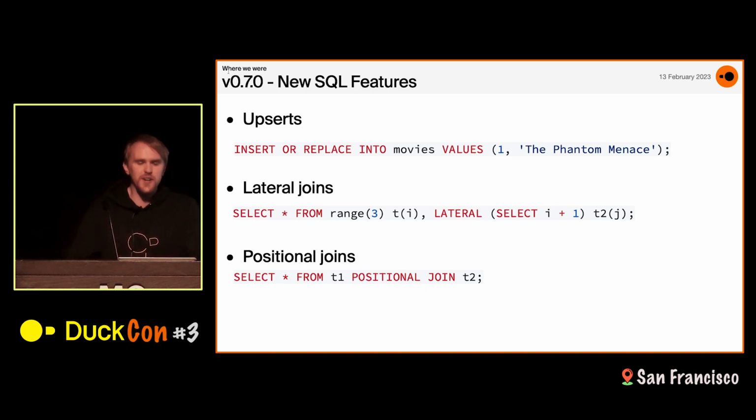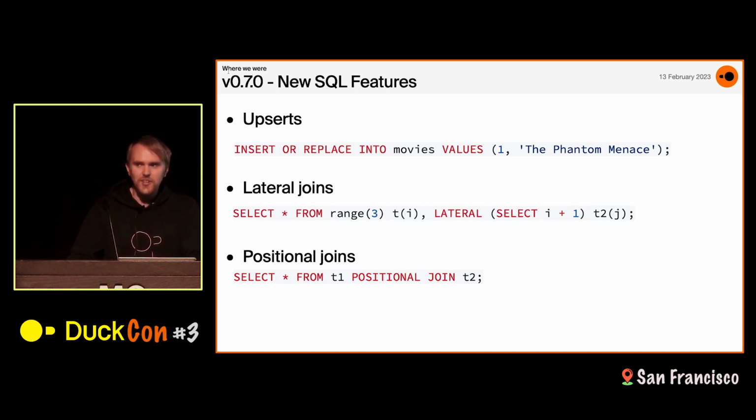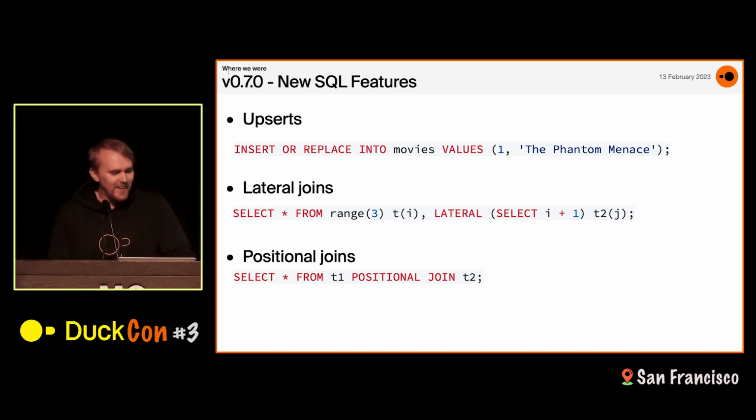You can do a lot of very cool things with lateral joins. It's essentially a bit like defining a function at runtime that runs on a table. It's quite cool, and I think Lloyd, who's going to talk later, has made some quite good use of these lateral joins.